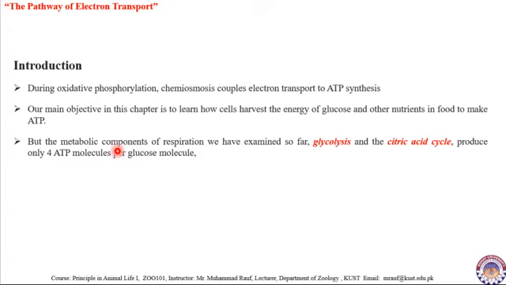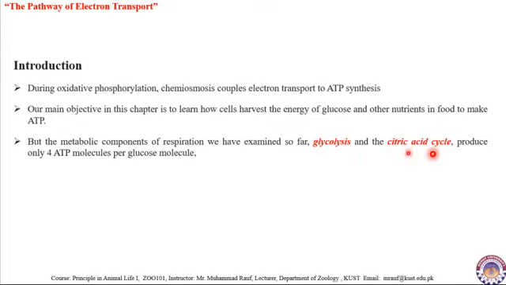But the metabolic components of respiration we have examined so far: glycolysis, in which a 6-carbon glucose is broken down into 2 molecules of pyruvic acid, each having 3 carbons, and then pyruvic acid is converted into acetyl coenzyme A, which enters into the Krebs cycle or the citric acid cycle.